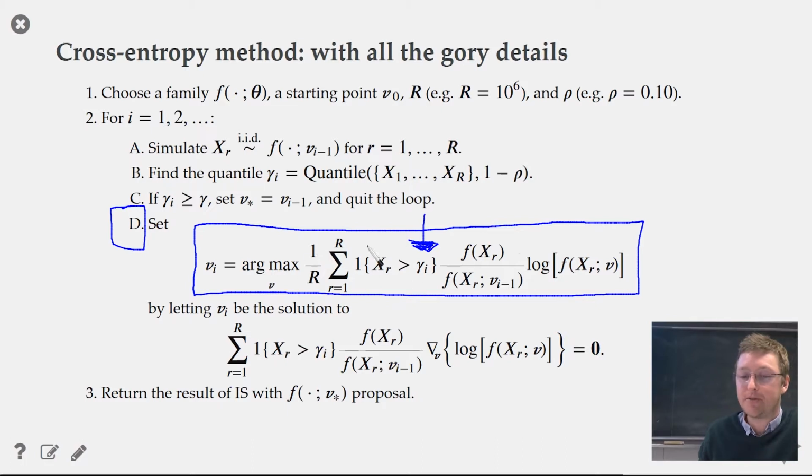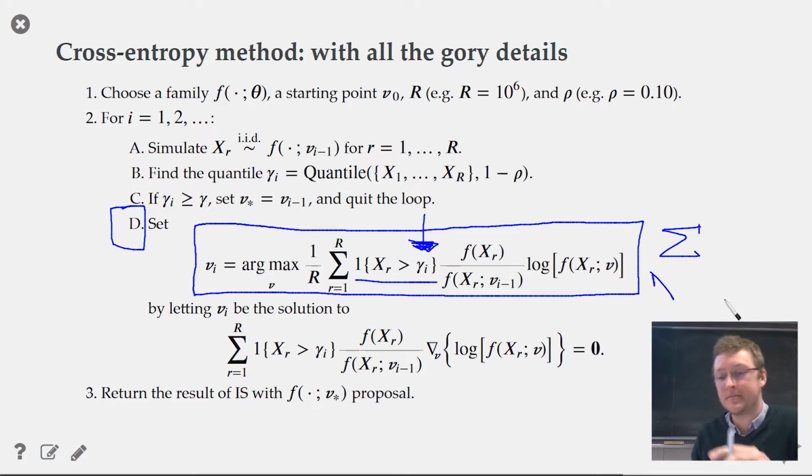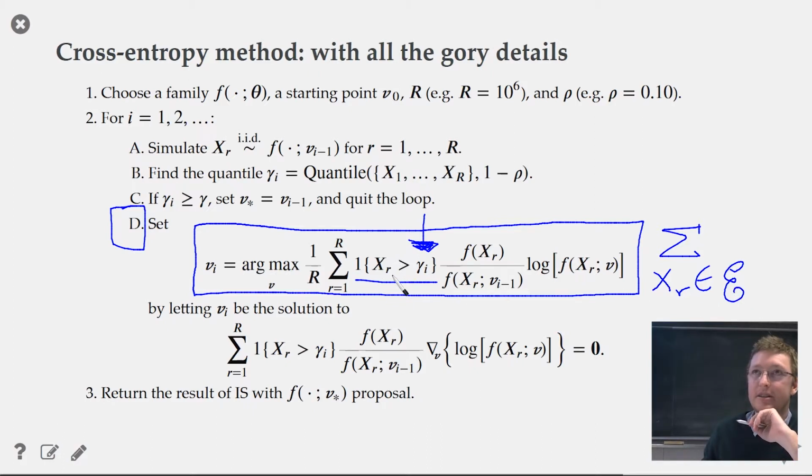This is a sample average over all R replicates that you have. But this indicator, XR greater than gamma i, means you're only really summing over that elite set I mentioned before, all of the XR inside this elite set. The indicator is killing all of the ones that didn't perform well enough. Here is that weight I mentioned, the likelihood ratio, and then the log likelihood.